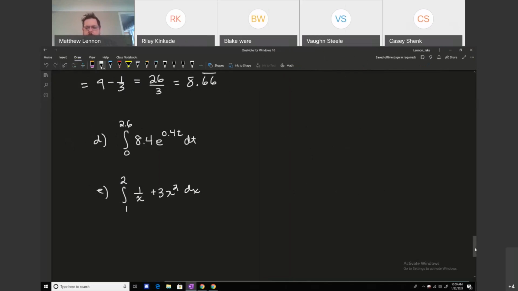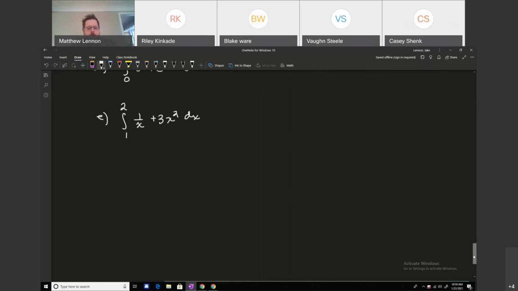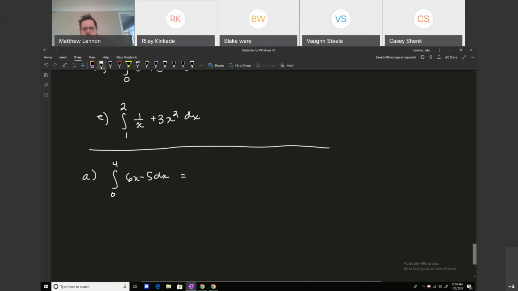Okay. So for part A, let's go ahead and go through that one. So for A, it was the integral from 0 to 4 of 6x minus 5 dx. So what we do is we do the antiderivative, which is going to be 6x squared over 2 minus 5x.